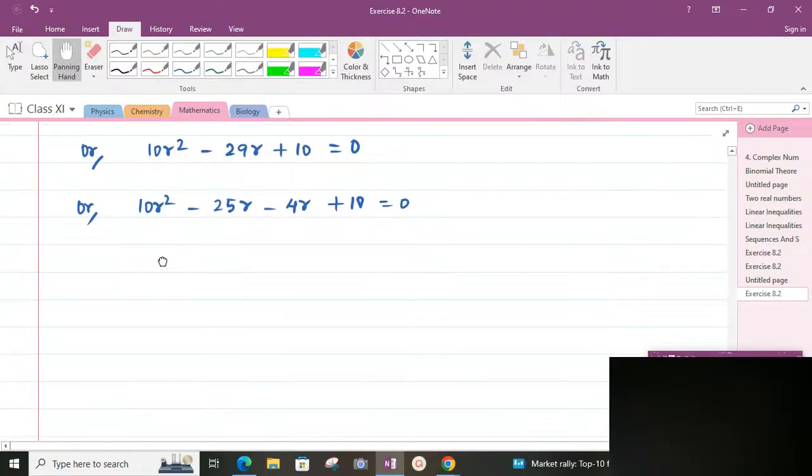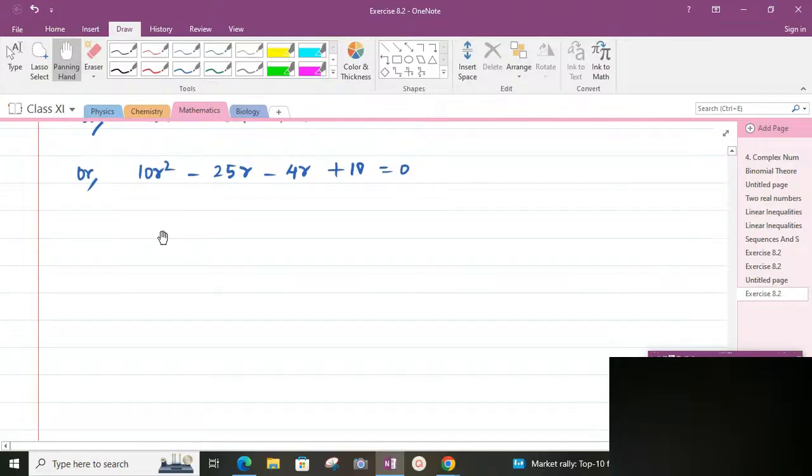The next step, now take 5r as the common, then we get 2r minus 5, and minus 2 we take common, then we get 2r minus 5 equal to 0.